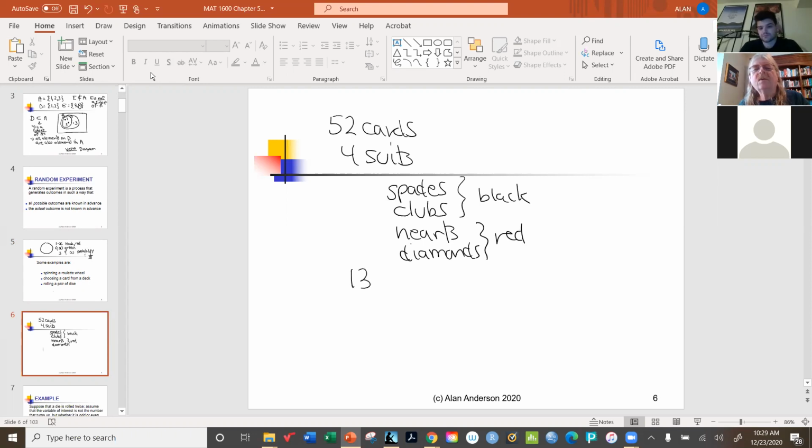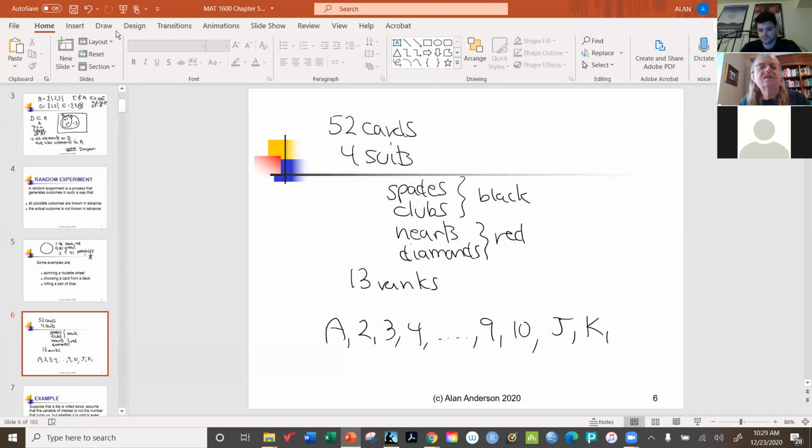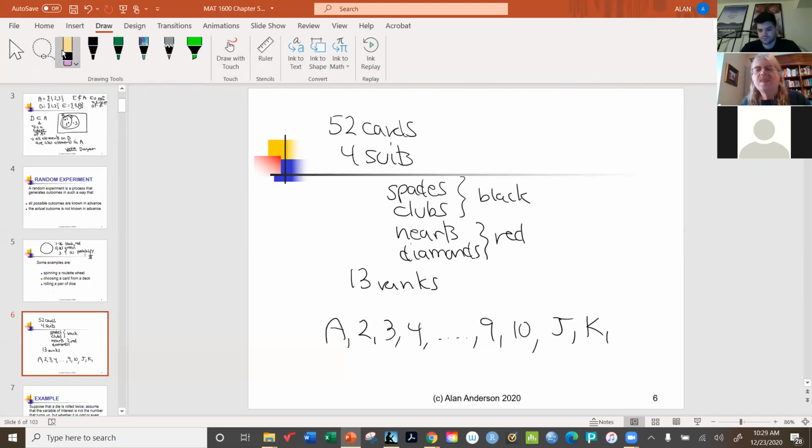There are also 13 what we call ranks. We have ace, 2, 3, 4, up to 9, 10. And then we have the royal cards.